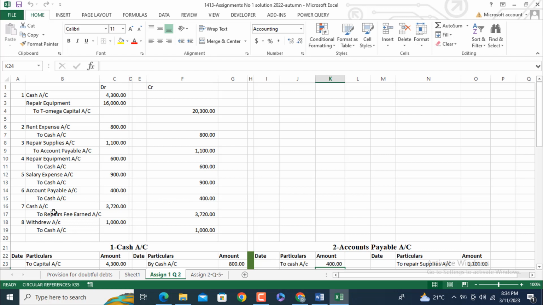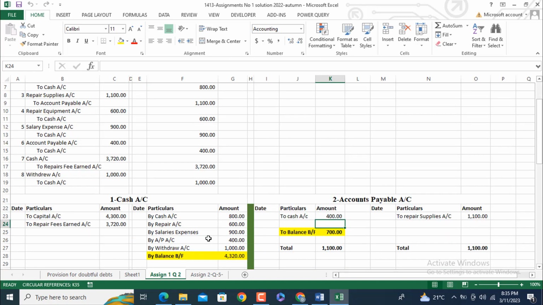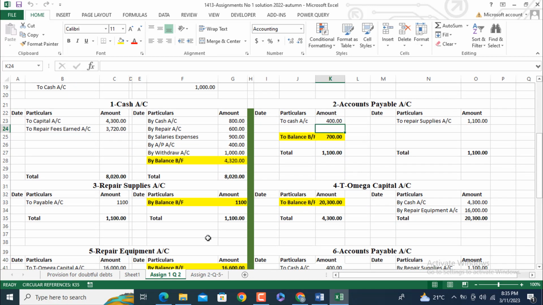Then we receive the payment against completing the repair services, which is equal to 3,720, to repairs fees earned account 3,720. The withdrawals account, which is also known as drawings account, 1,000, and to cash account 1,000.